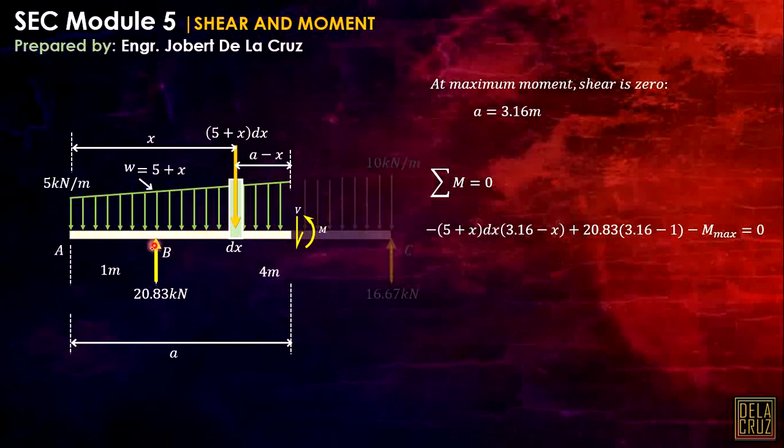Then, this 20.83 will cause clockwise moment, so positive. The moment arm is A minus 1 or 3.16 minus 1. Of course, this moment will be our maximum moment counterclockwise. Okay, so i-transpose natin yung Mmax, then integrate natin para makuha natin yung value. No? So, integral of the same equation dito, then the limits is from 0 until 3.16 lang.